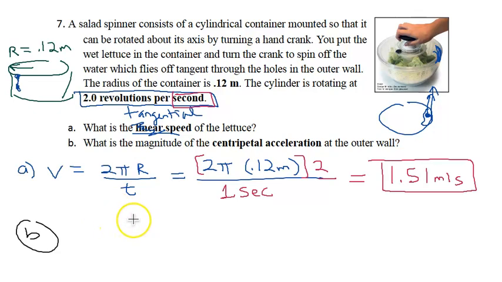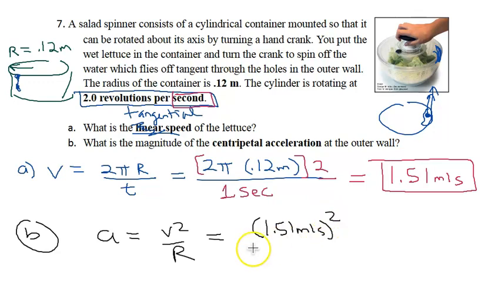And then B, the centripetal acceleration is plug and chug into v squared over r. And so you take your 1.51 meters per second squared and you divide by the radius, which is 0.12 meters.